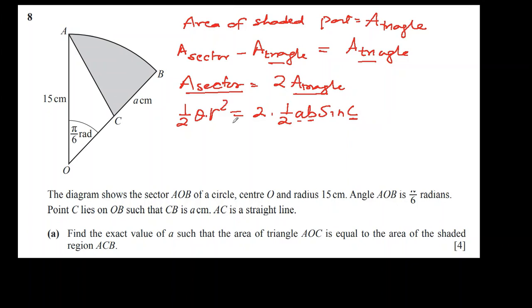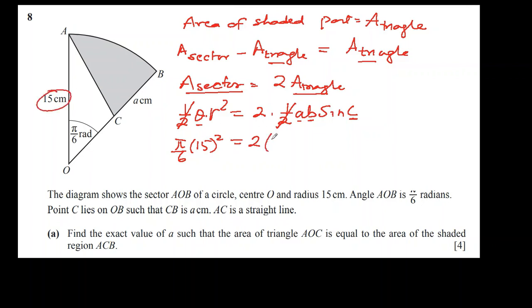So let's extract information from the given drawing. First of all, we can cancel this half and this half on both sides so that we are cleaner. So theta is pi by 6 here, r is 15 square equal to 2 times a, any one side of the triangle.